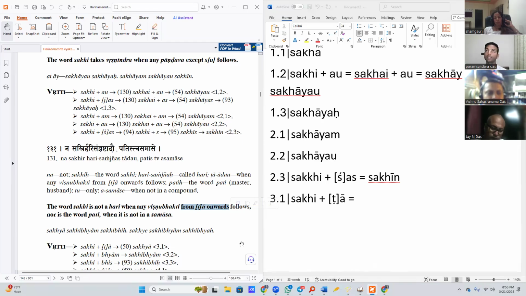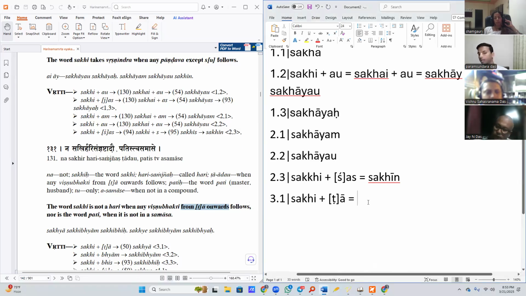So when we say it is not considered Hari Shabda, it simply means that the sutras which were applied for Hari Shabda will not be applied for Sakhi. So Sakhi plus Ta, we can't apply the Hari rule here, and there is no further rule.